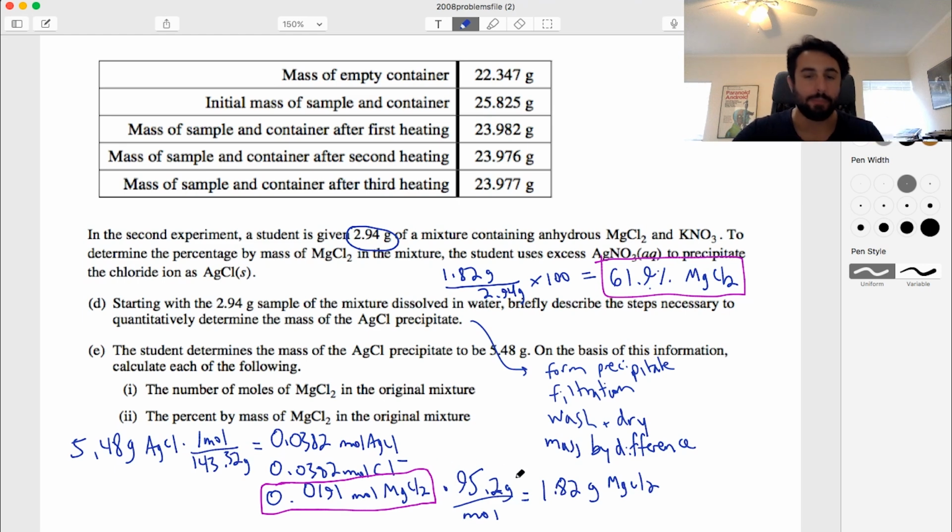From moles we go to mass, and then we get the percentage, right? This mass over the total mass of the mixture, we get the percentage of the mixture that was magnesium chloride. So that is a nice problem about gravimetric analysis, with a lot of data and masses, combining all of that into one nice long answer problem.